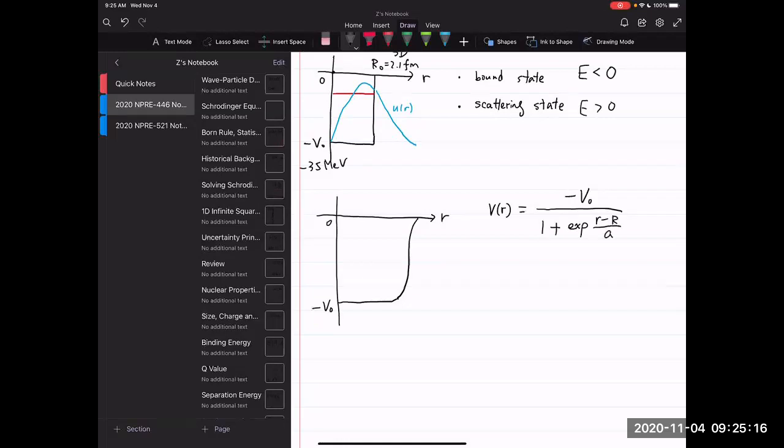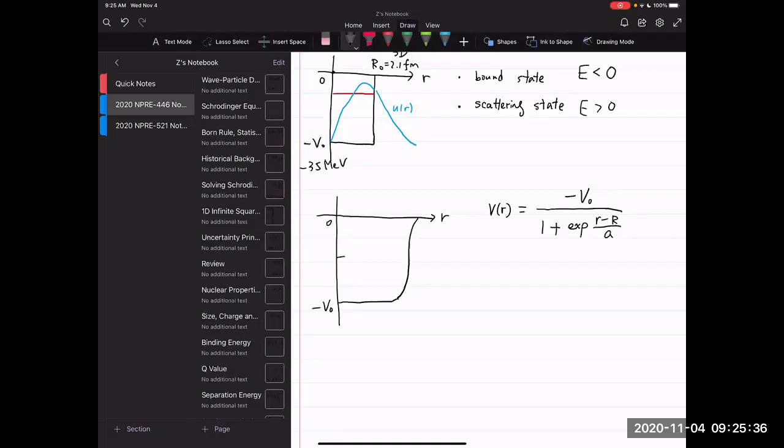So this describes the skin layer. When r goes to infinity, this exponential term goes to infinity, and then V of r goes to 0. So the shape of the skin layer is described by these two parameters, R and a.